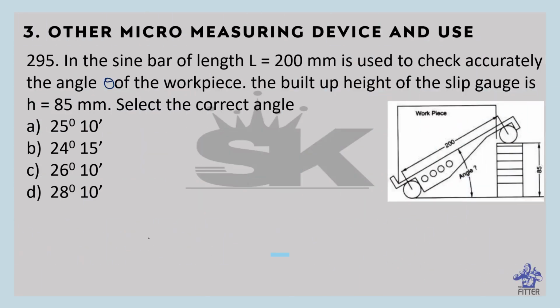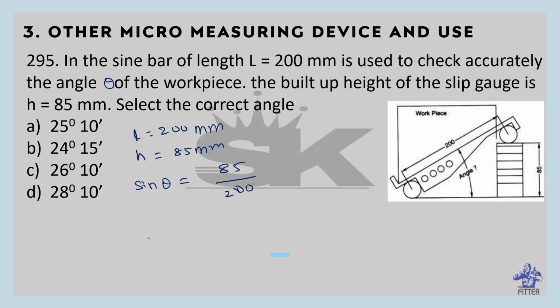A sine bar of length L equals 200 mm is used to check accurately the angle theta of the workpiece. The build-up height of the slip gauge is H equals 85 mm. Select the correct angle. So here the length of the sine bar equals 200 mm, and height H equals 85 mm. So sine theta equals 85 by 200.